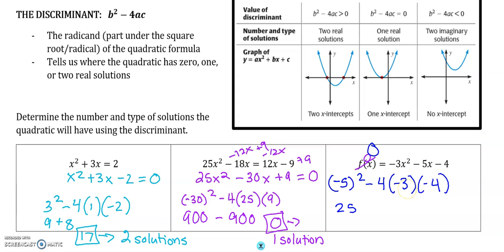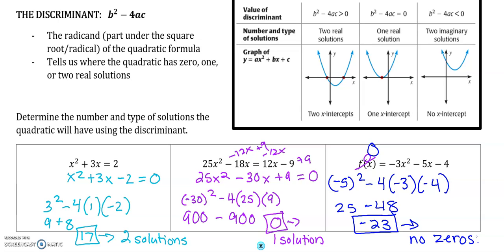So positive 12 times a negative 4 is going to give us a negative 48. And 25 minus 48 is negative 23. That's my discriminant. So that tells me there are no zeros, because the radical can't be a negative number to get real numbers. These numbers here are actually imaginary.